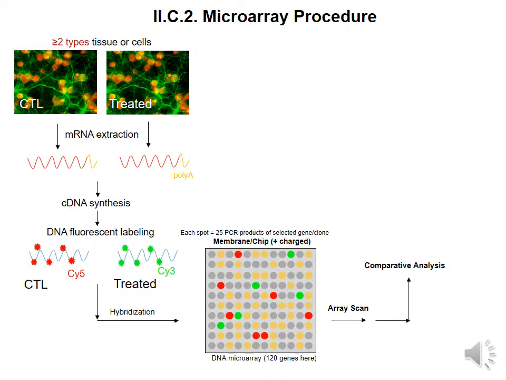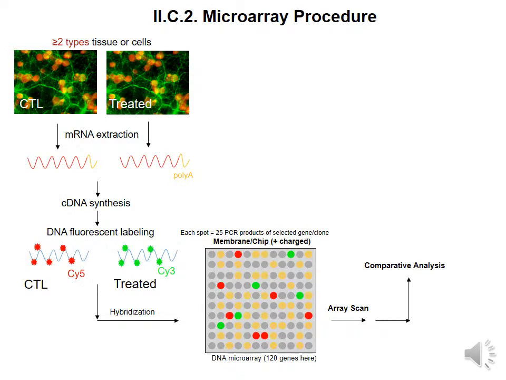We mix them both, and then we apply that mix to a DNA microarray. This is a tiny piece of array that contains several hundreds of genes, where in every single one of these wells there are oligonucleotides that will specifically recognize one cDNA.